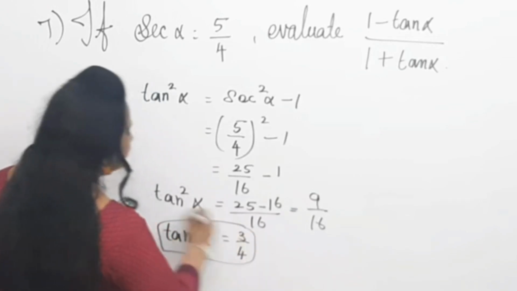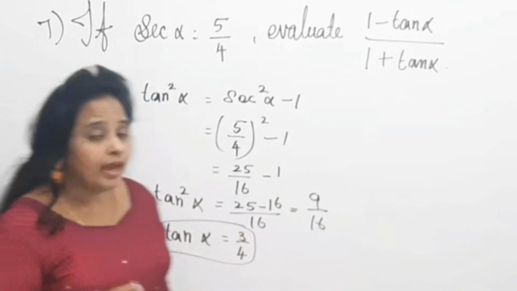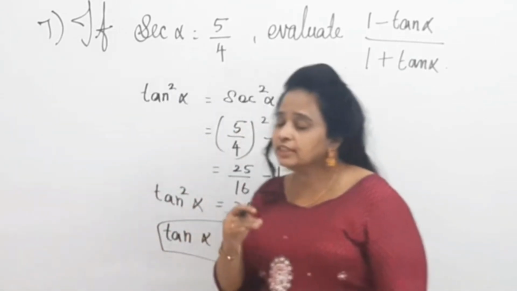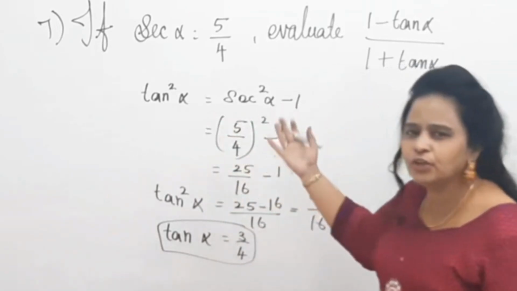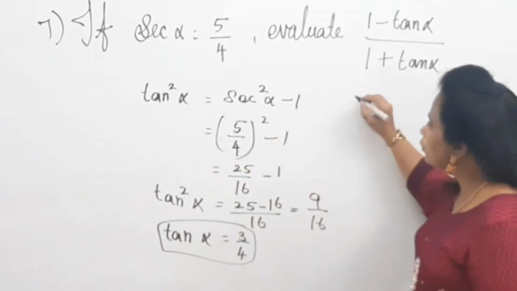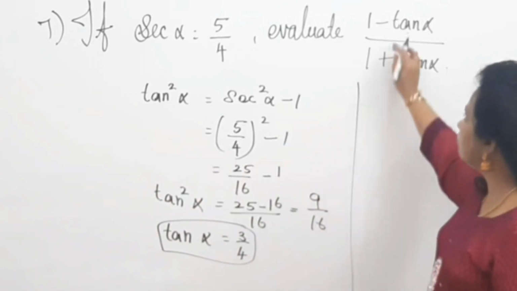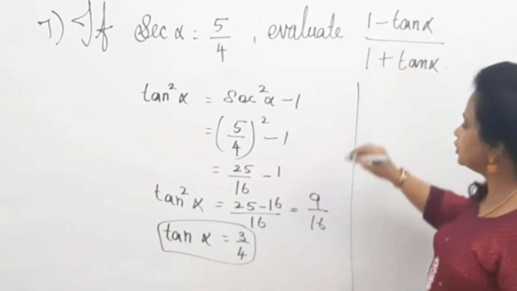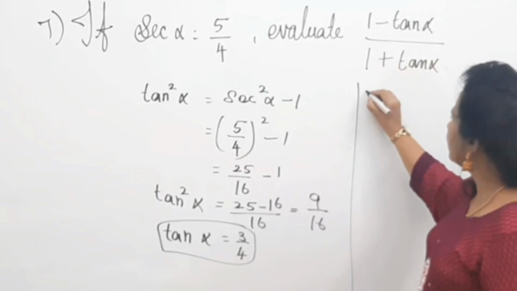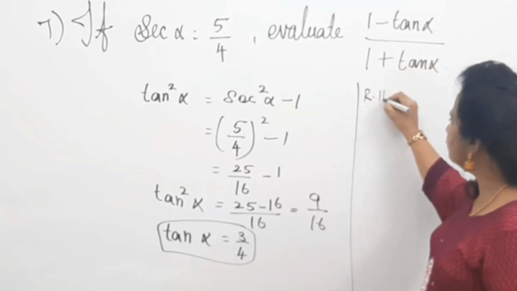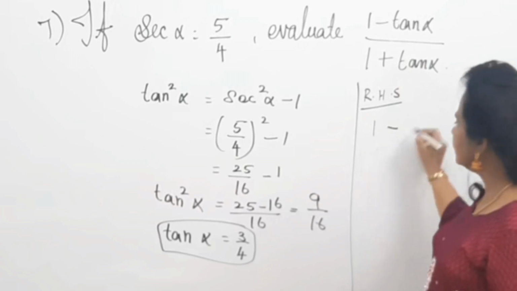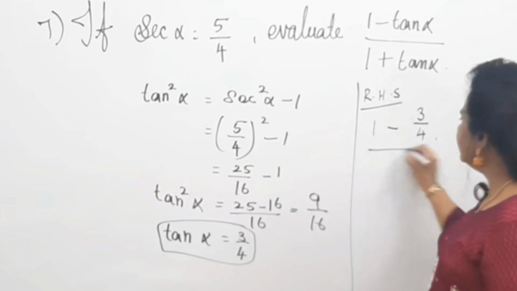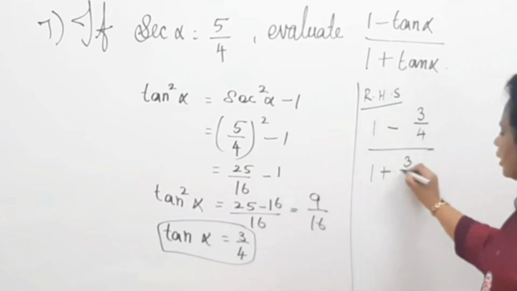I got my value without my diagram. If you want to put it in your diagram, you're most welcome. You can substitute. But I'm giving you the another method also. So now I would substitute in my given expression. So I would write it 1 minus my tan alpha, 3 by 4, divided by 1 plus 3 by 4.